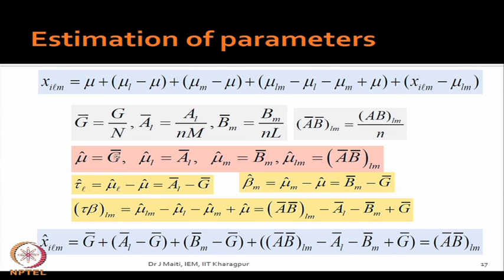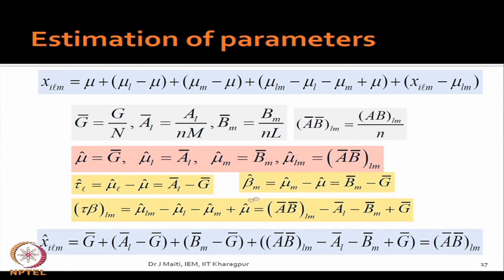Then mu is nothing but G bar, mu_l is nothing but A_l bar, mu_m is nothing but B_m bar, mu_lm is nothing but AB_lm bar. Then tau_l cap will be mu_l cap minus mu cap. So, that is A_l bar minus G bar. Similarly, beta_m you are also calculating, similarly the interaction effects you are calculating.